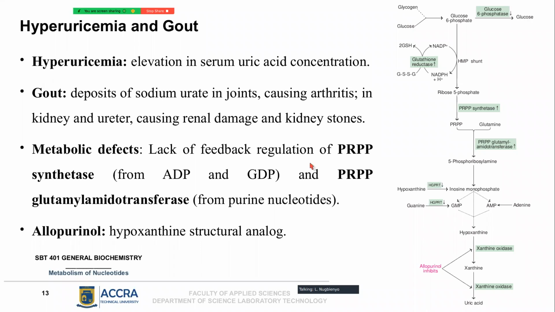The lack of such feedback regulation of the phosphoribosyl pyrophosphate synthesis from ADP and GDP, adenosine diphosphate and guanosine diphosphate, and also from adenosine monophosphate and guanosine monophosphate on glutamyl amidotransferase, means that there will be more formation of the purine nucleotides, and their breakdown further to uric acid will be increased in the system.